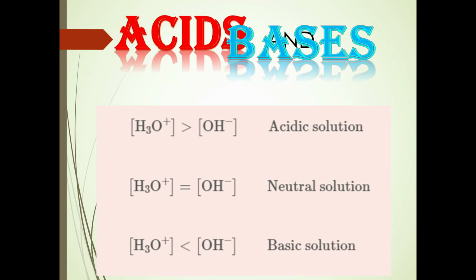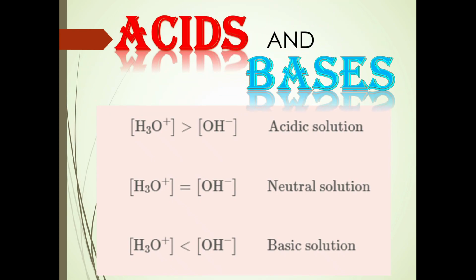So now, when we define acids and bases, we're going to define them according to the balance of the H3O plus and the OH minus. We know that acids have H pluses, but there's already some OH minuses in there from water. We want to know that in an acid, we have more H plus than we have OH minus.